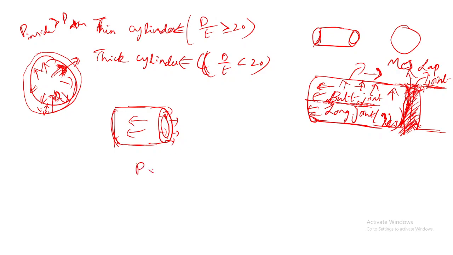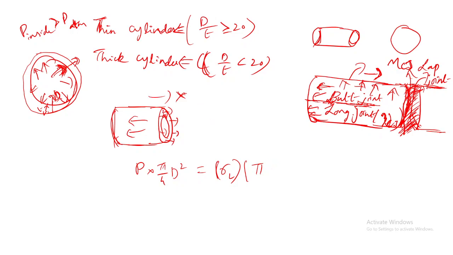So what will be the pressure into pi by 4 d square? That is the total force acting in the x direction. Let's name this as the x direction. So P into pi by 4 d square will be equal to the resisting force. How can I write the resisting force? The longitudinal stress into the area. What is the area?